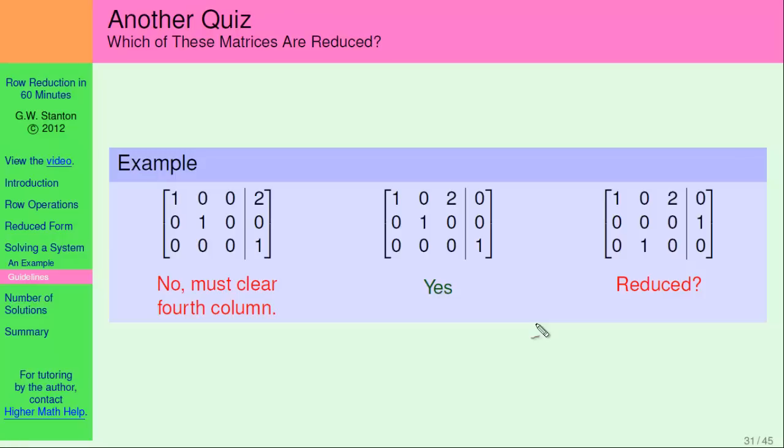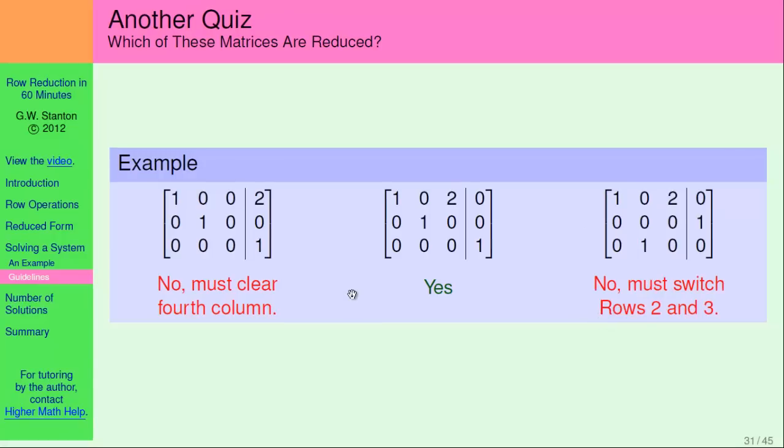How about the next one? We have our leading 1 in the first row, and its column is clear, our leading 1 in the second row, and its column is clear, and our leading 1 in the third row, and its column is clear. But in this case, hopefully it will stand out to you that we don't have a staircase, and so we would need to switch the second row with the third. So this matrix is not reduced.